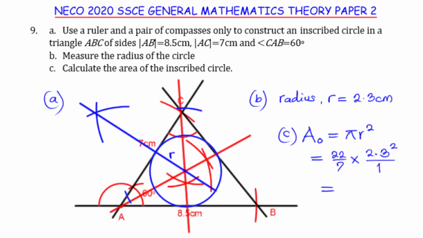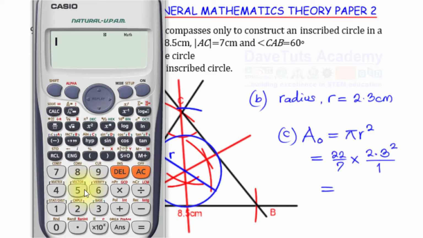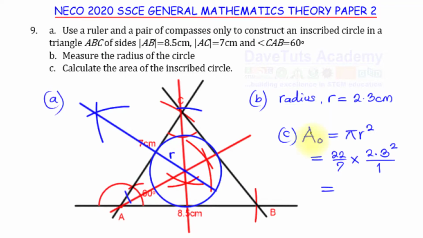And to evaluate this, we can use our calculator to say we want to have 22/7 multiplied by 2.3 raised to power 2, and that will be in decimal places 16.6257. This under the bar will be repeated, so we can just say 16.63 because we can round 5 up to 1 and add to the initial number 2 to make it 3.